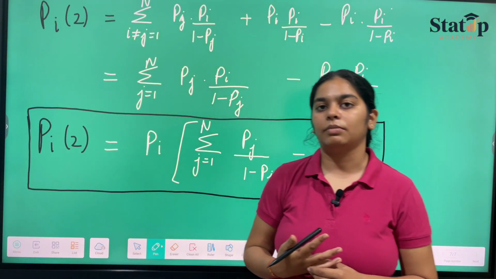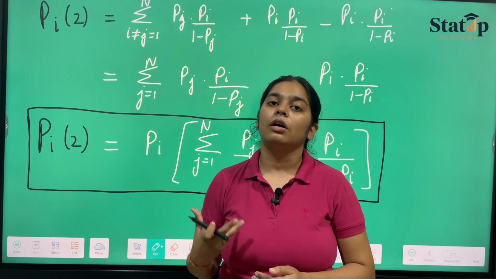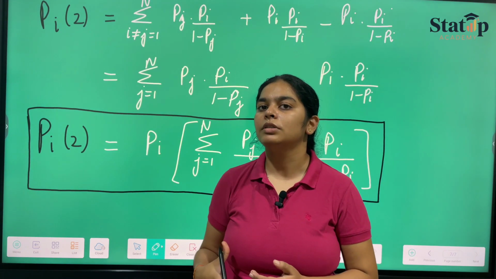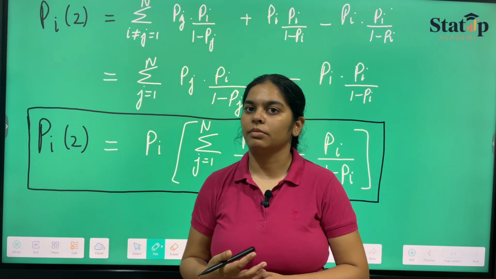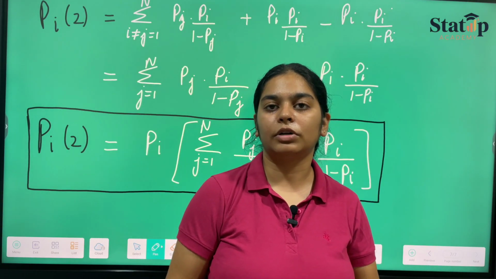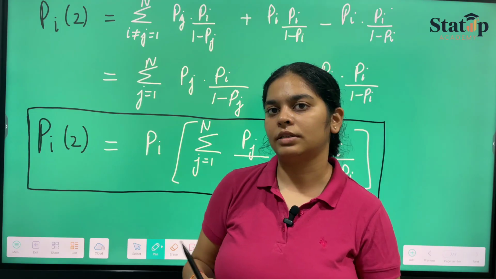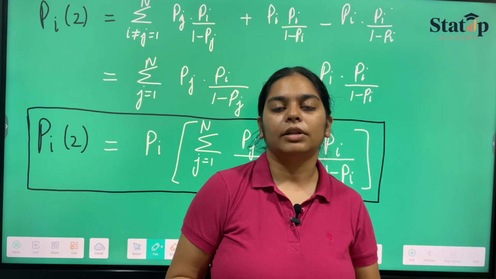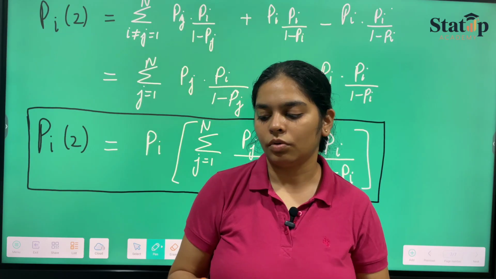So the Des Raj estimator is a much less complicated version of this, which we are going to discuss in the further class. It is the method of estimation, like we did in PPS WR with the cumulative total sum and Lahiri's method. Similarly, the Des Raj method is the method for estimation with PPS WOR.